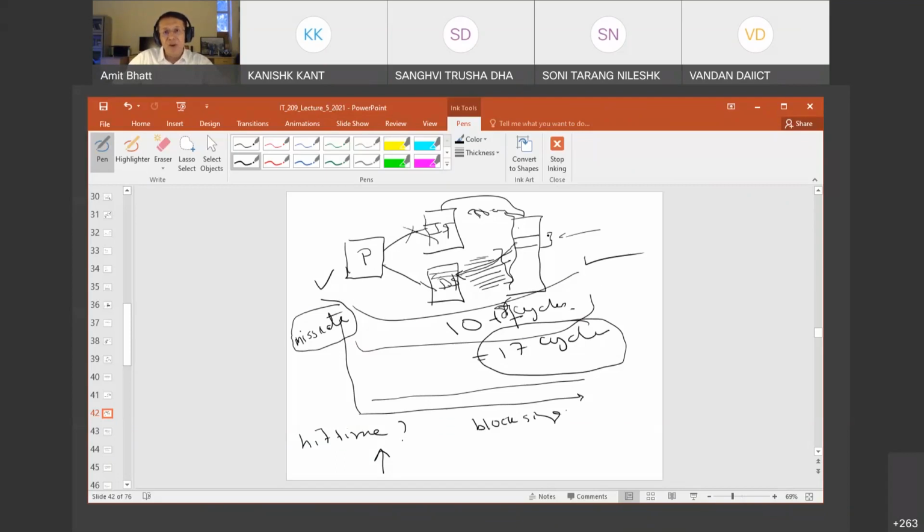If it is not found in L2, and then if there is L3, or let's just say there is main memory, then you have to go all the way down to main memory, and get it from there to there, and from there to there. So it becomes a very time-consuming operation.